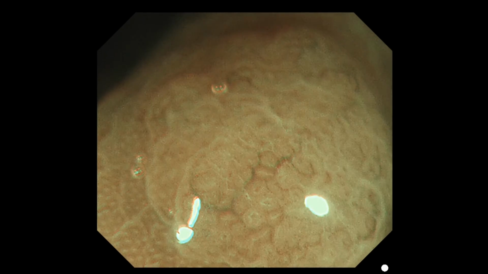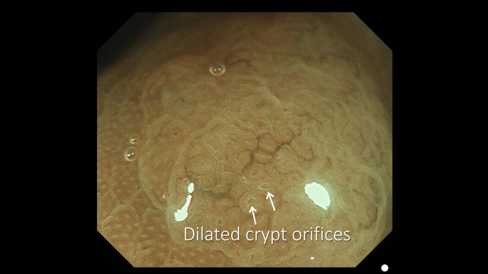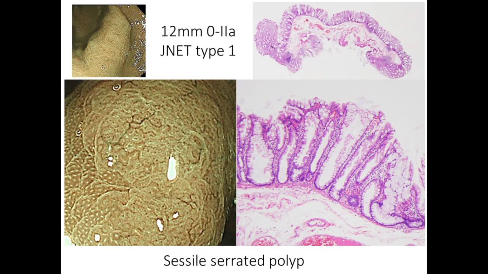These findings are specific to sessile serrated polyps. This polyp was resected by EMR, and the histopathology showed marked dilation of crypts with inverted T-like glands. Also, dilated glands were observed at the bottom, so the pathological diagnosis of this lesion was sessile serrated polyp.